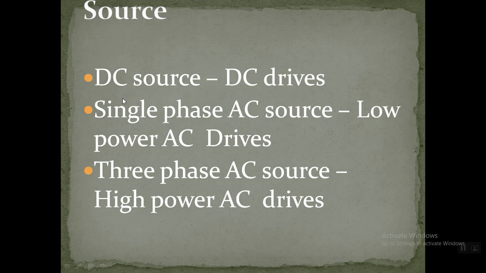AC power is classified into two types: single phase AC and three phase AC. Single phase AC is normally used for low power applications. Home applications operate on single phase AC, and our grinder mixer operates on single phase low power supply. Three phase AC is used for high power applications in industries for driving motors and mills. There we use high power machines or motor drives, so we use three phase supply.